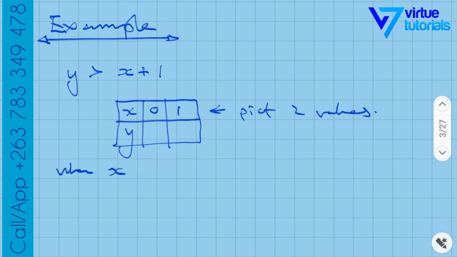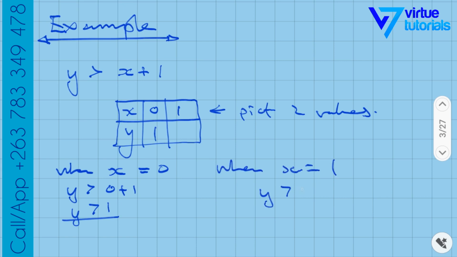When x is equal to 0, we'll ignore the inequality sign for now, y is greater than 0 plus 1, y is greater than 1, so we put a 1 for y. When x is equal to 1, y is greater than 1 plus 1, y is greater than 2, so we put a 2 there. We're just substituting the values of x. So our table is 0, 1, and 1, 2.